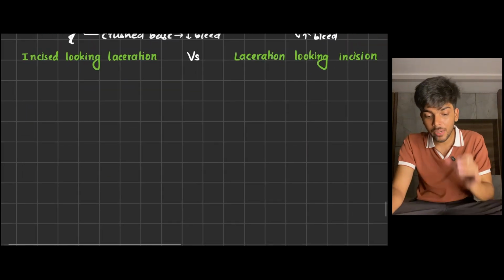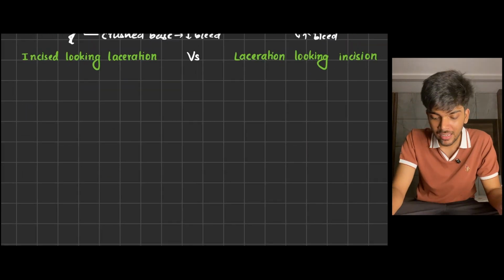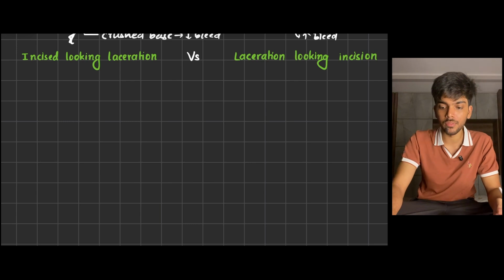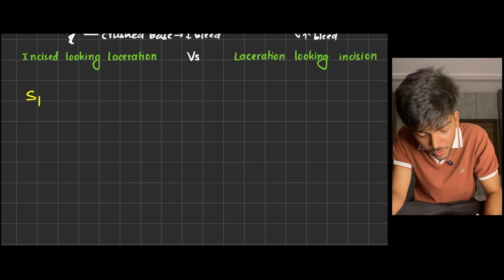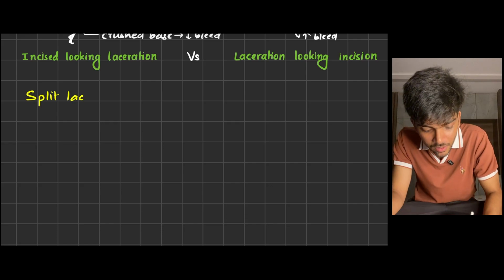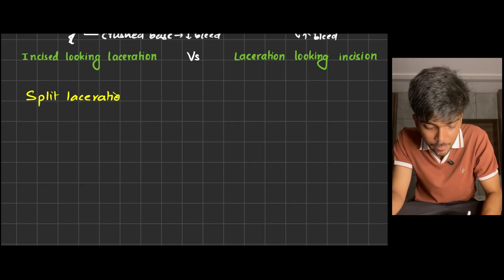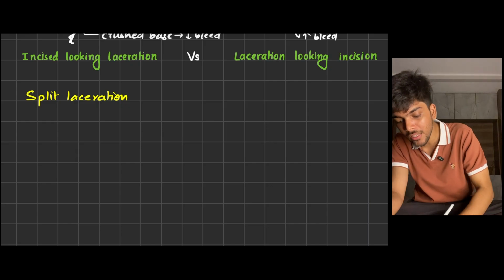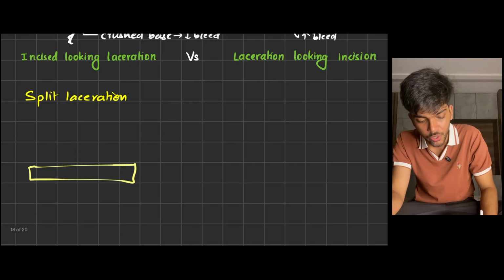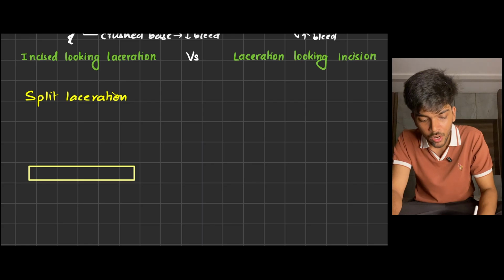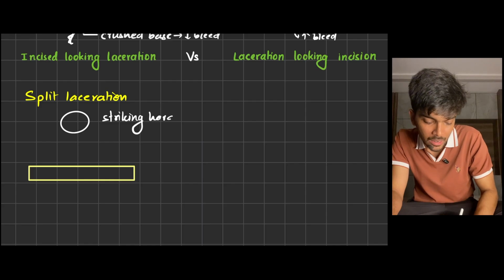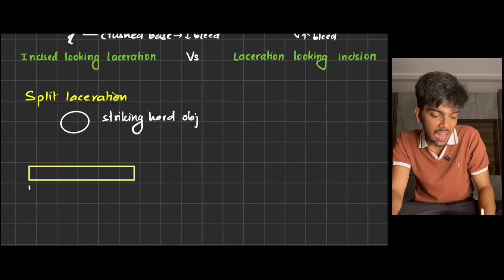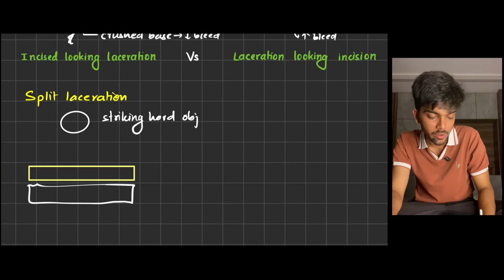Next, difference between incised looking laceration and laceration looking incision. Incised looking laceration is also referred to as split laceration. How does split laceration take place? It takes place when a soft tissue is crushed between two hard objects, where one is the striking hard object and the other is the hard structure of the own body underneath.